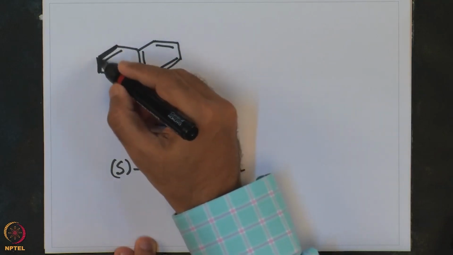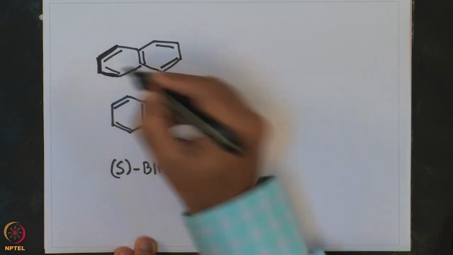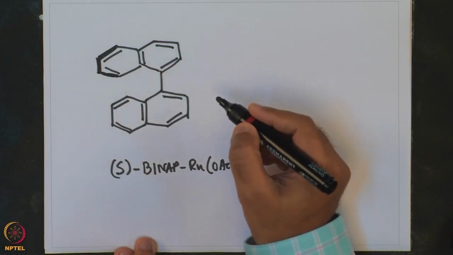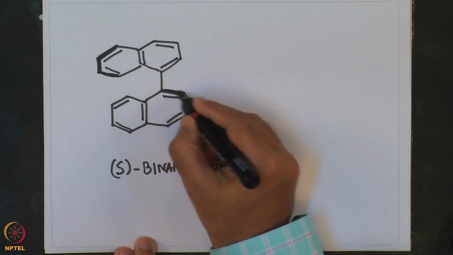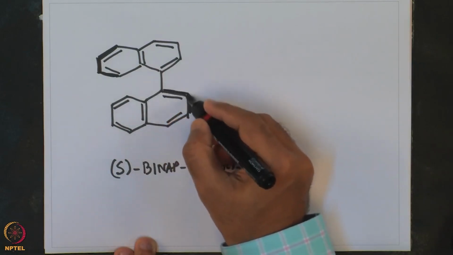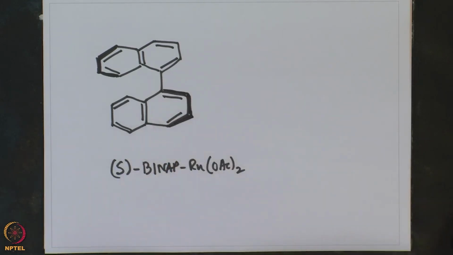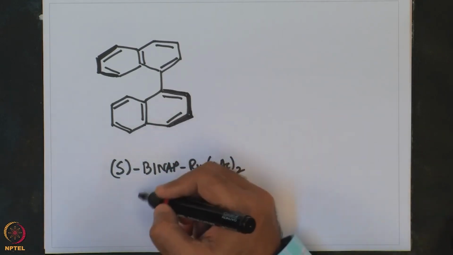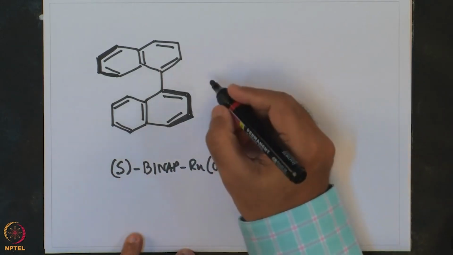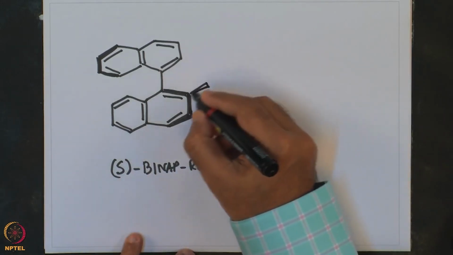So, this side of the BINAP ring is coming up, and this side of the BINAP ring is pointing towards us, and this particular configuration is known as the S configuration.